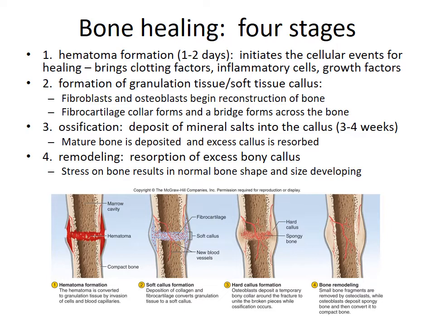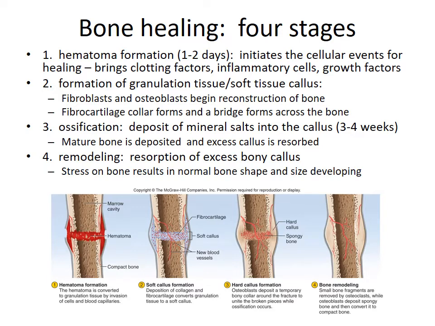And this blood is bringing all of the good things that are needed to heal the bone tissue. There are clotting factors, there are inflammatory cells to clean up the mess, there are growth factors to encourage new growth of new cells. So all that good stuff in the first couple of days is part of the hematoma.